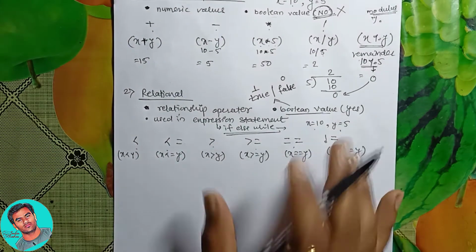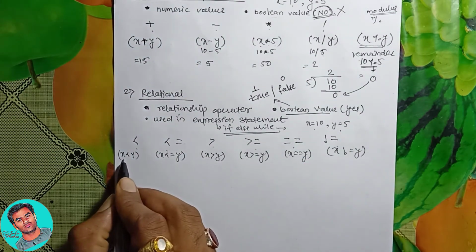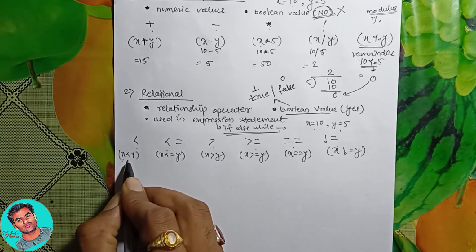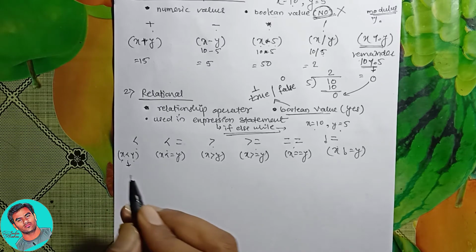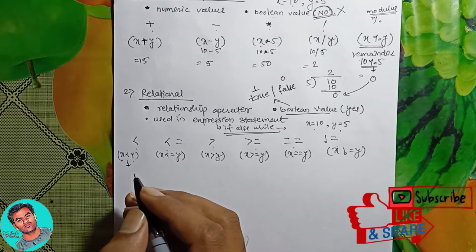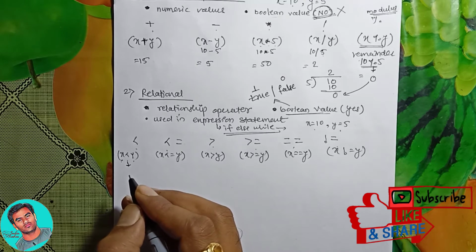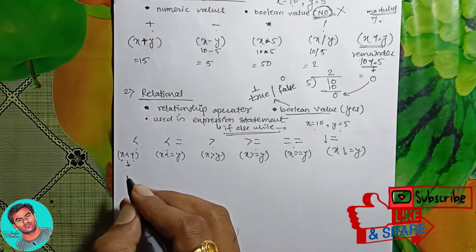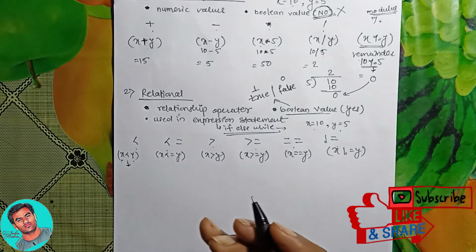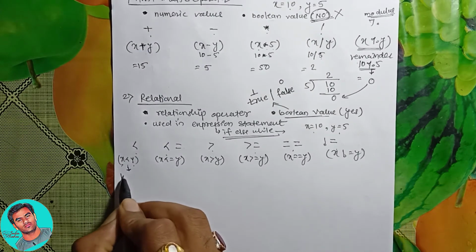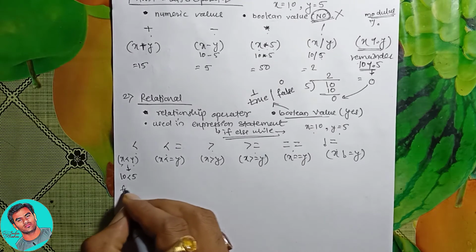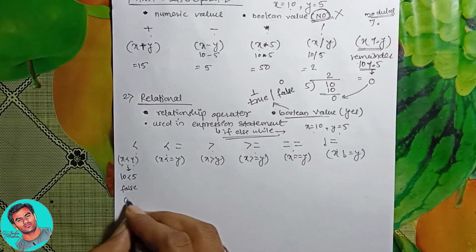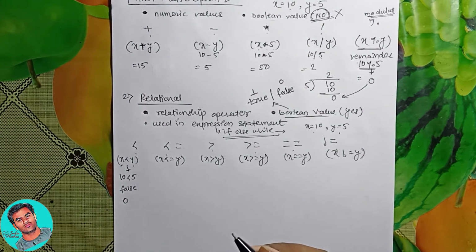Now what their use is, we are going to see here. x less than y means if the value of x is less than y and this condition is true, it returns the value true, and if it is false, it returns the value false, that is 1 or 0. So here x is 10, less than 5, it is a false value, so it returns false, or 0 here.